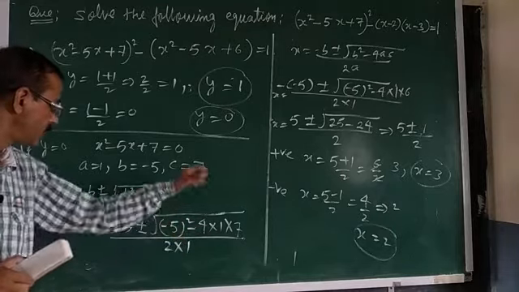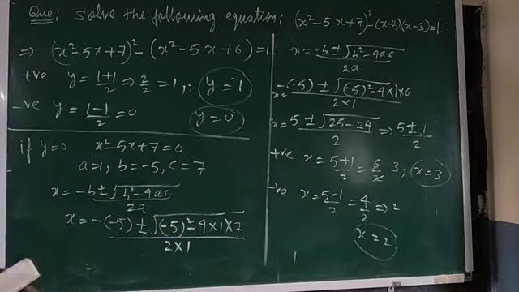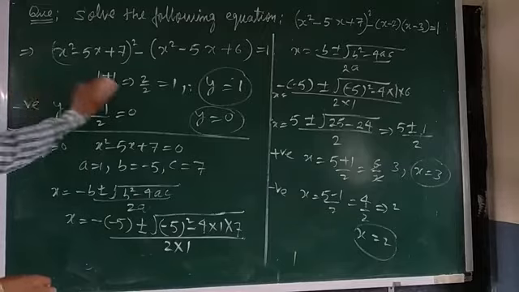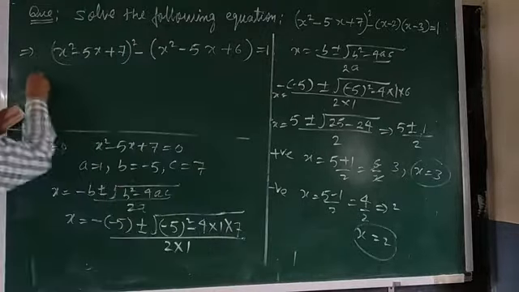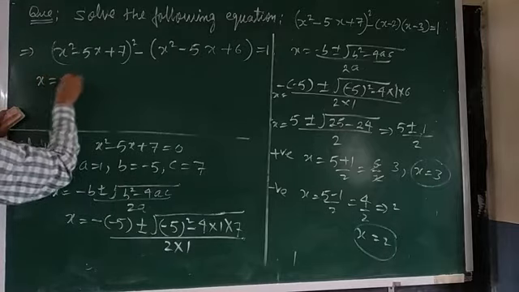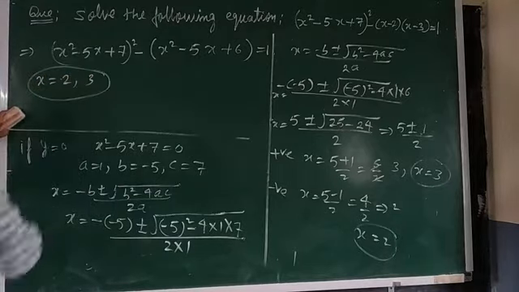Okay, now let me remove this, because we already got 2 values there: x is equal to 2 and 3.